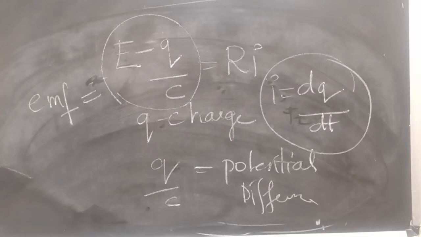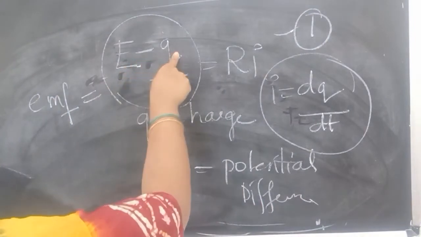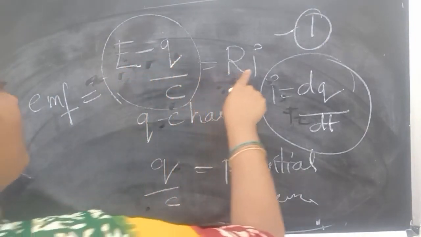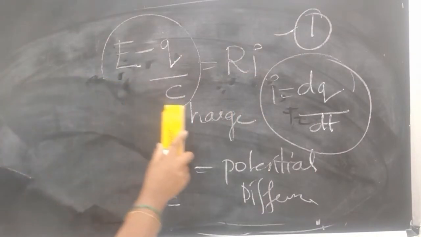Now we will substitute the values here. I is equal to dq by dt in the next equation. So before that, please take the first equation. What is that first equation? E minus Q by C is equal to R into I. That is the first equation.